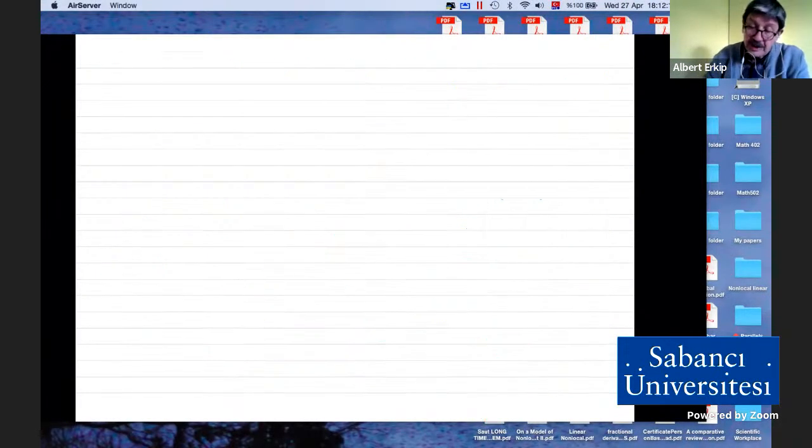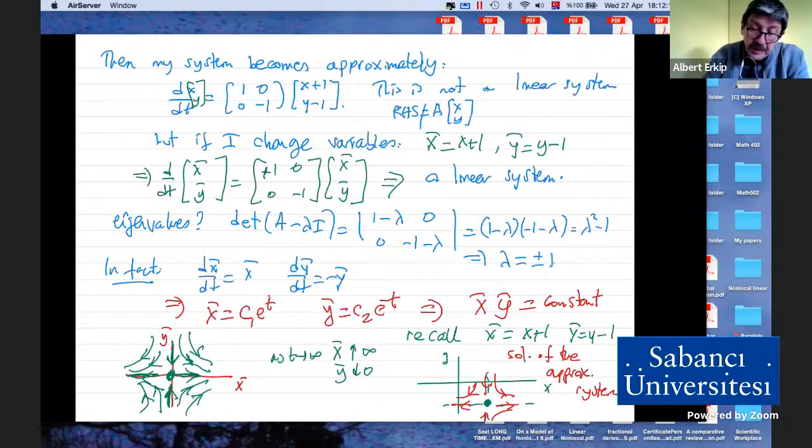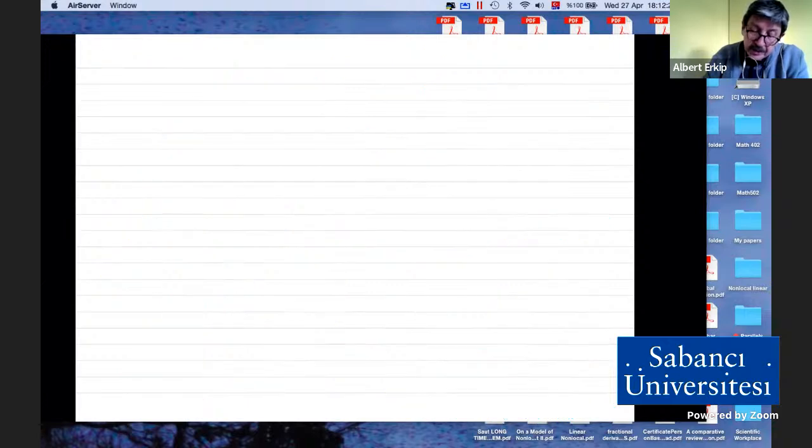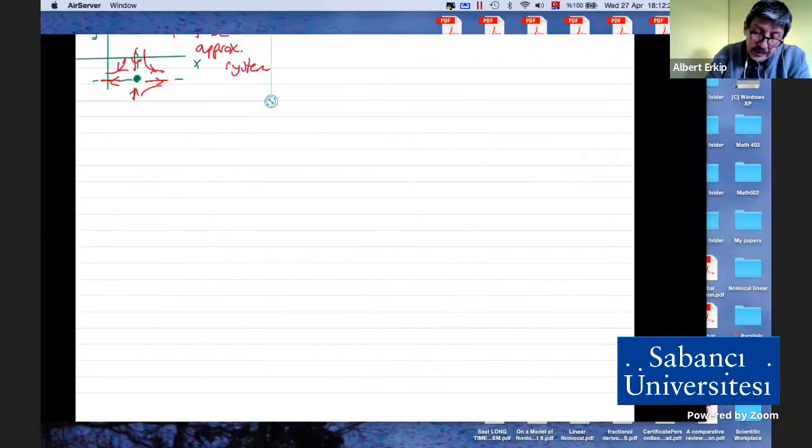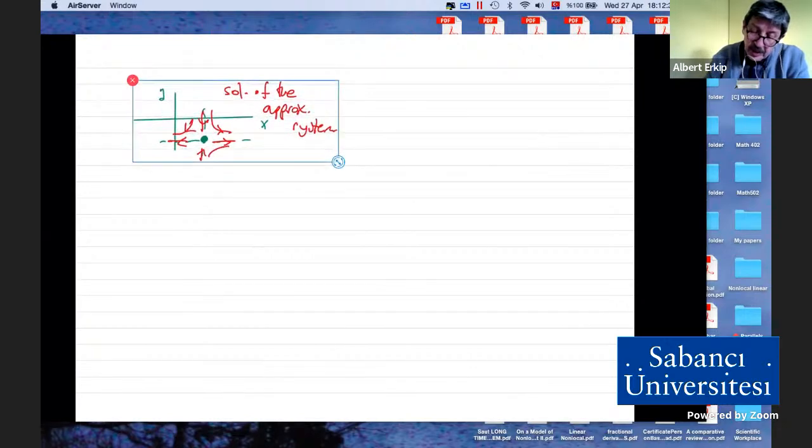And then you would expect that the solution of the real system should look like that. So let me copy this picture and go to the new page. This is the solution of the approximate system. The solution of the real system should be close to that.